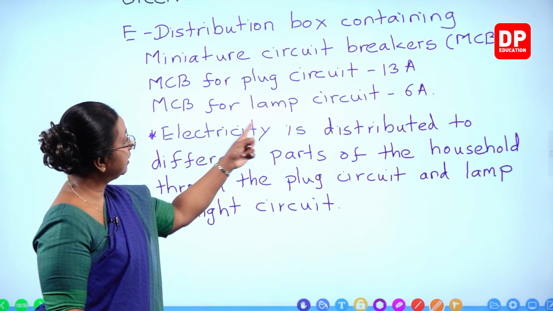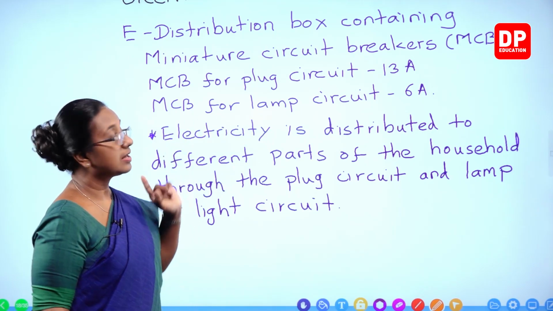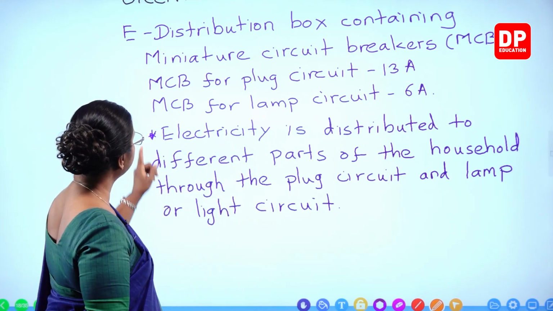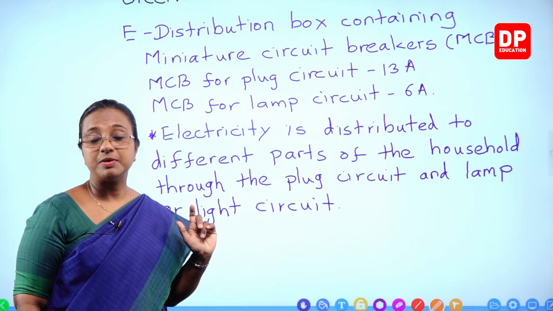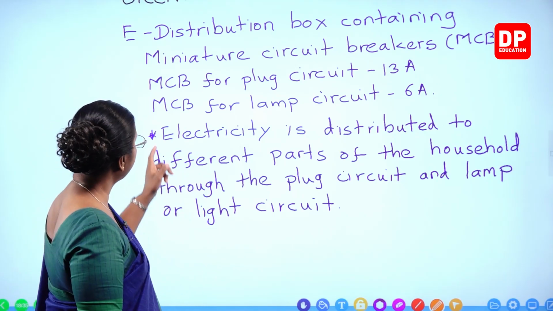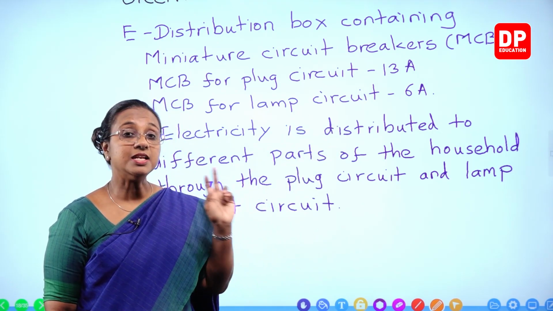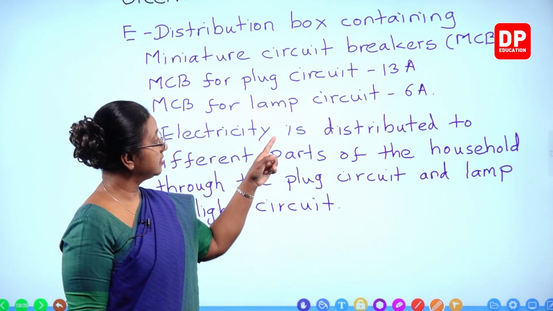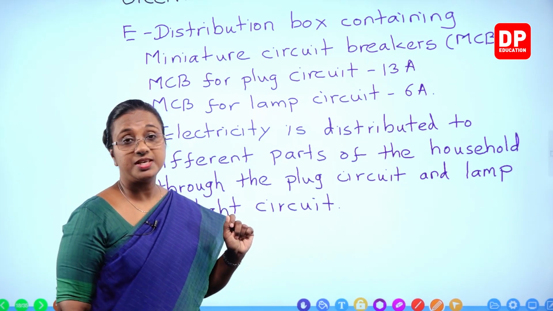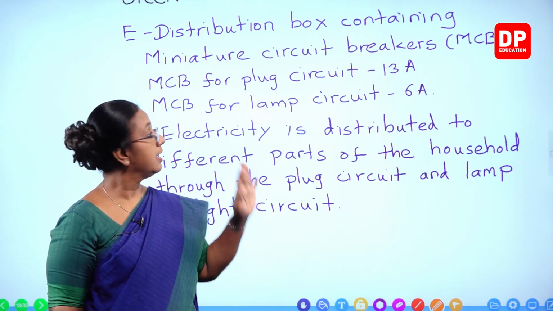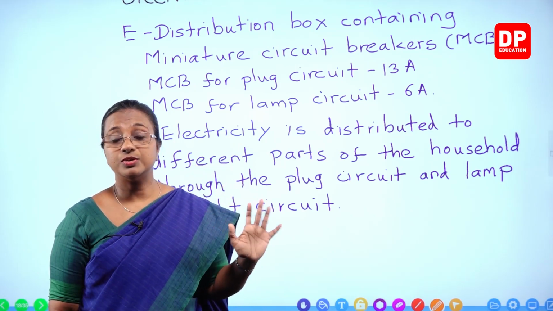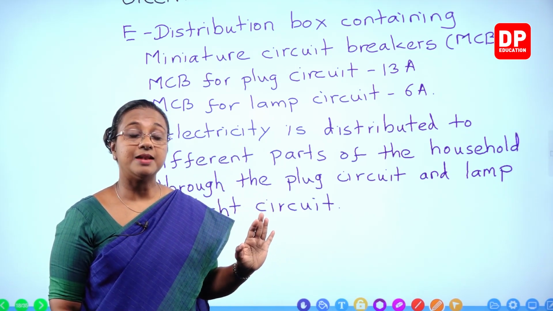So I have already given you all the information. Plug circuit maximum current 13 amperes, lamp circuit maximum current 6 amperes. But you all know in the lamp circuit, light bulbs and 2 plug sockets with the current consumption of 6 amperes can be connected. But to the plug circuit, it is only the plug sockets that can be connected.